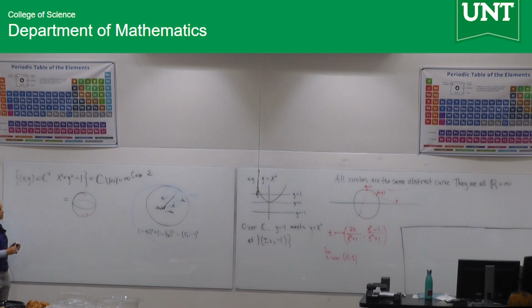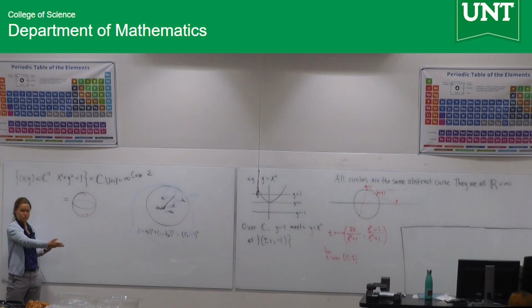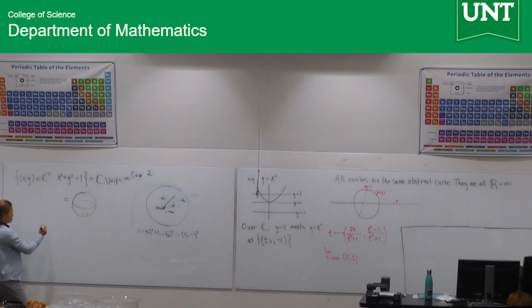So this is what I would call the complex version of the abstract version of my curve. And this is called a Riemann surface. And it has an invariant, which is called its genus. And the genus is the number of holes of the whole shape. And a sphere has genus 0.